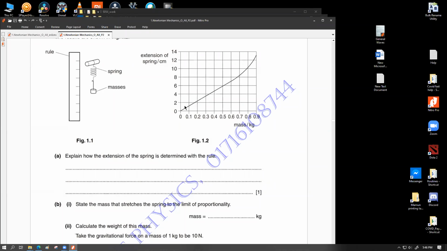So if you have smaller force, your extension will be small as well, because by Hooke's law, force is proportional to deformation or extension. So for the same amount of mass, you'll be getting a significantly smaller amount of extension. So the straight line part of this graph would be more slanted, or you can highlight that the gradient of the straight line part would be less. The slope would be less. You can write in any wording.